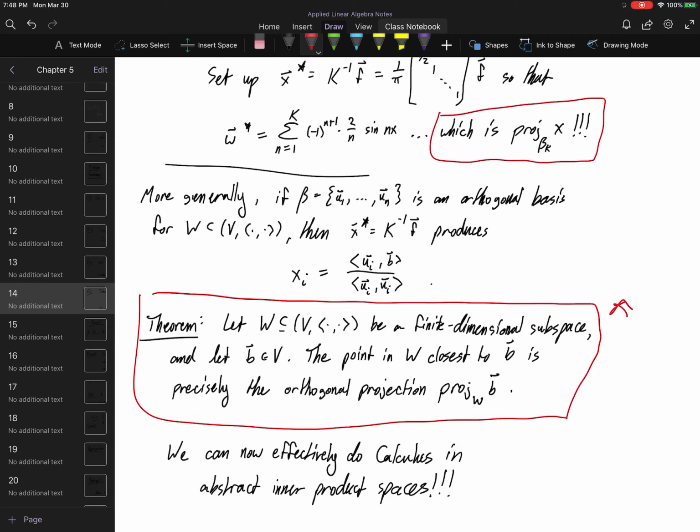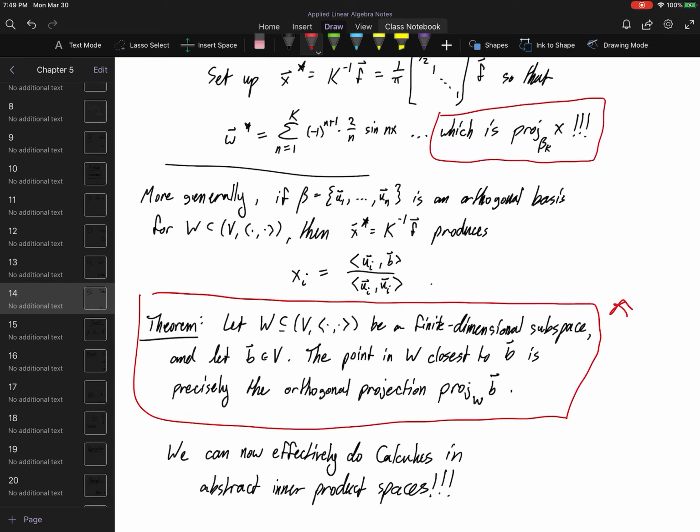So this leads us to the following theorem: if I have a subspace W of an inner product space that is finite dimensional, and I choose some vector b in the total inner product space, it doesn't even have to be in W, just like above, the point in W that is closest to b is precisely the orthogonal projection of that vector b onto the subspace W.